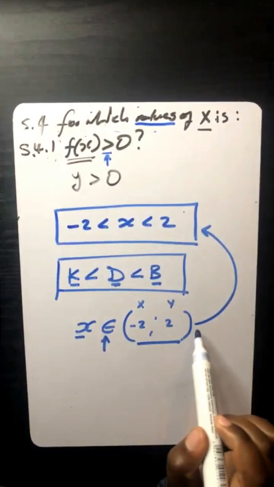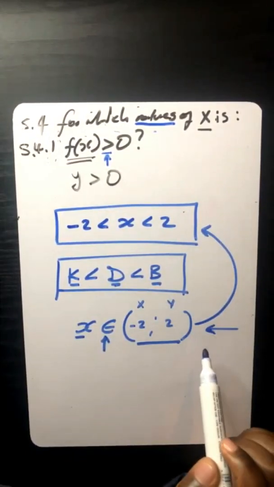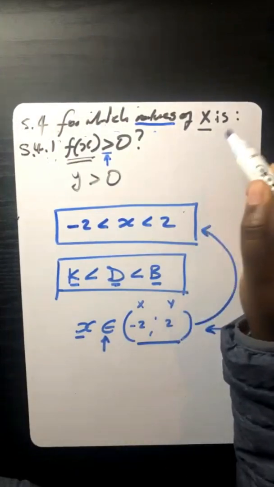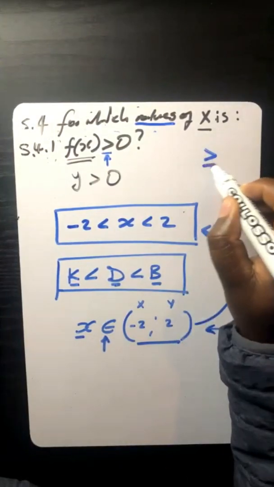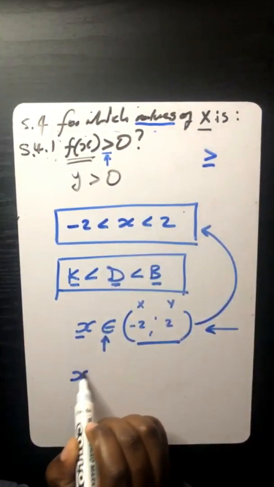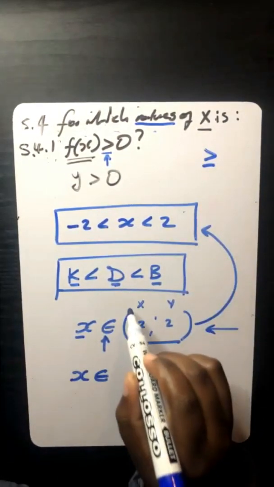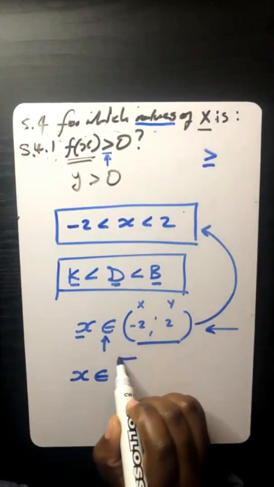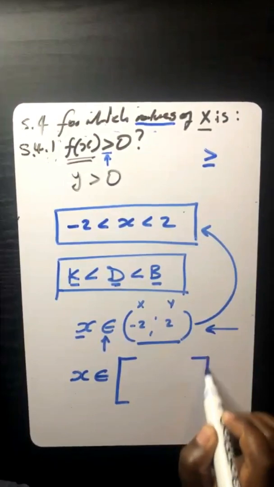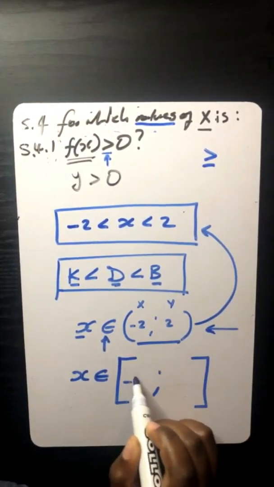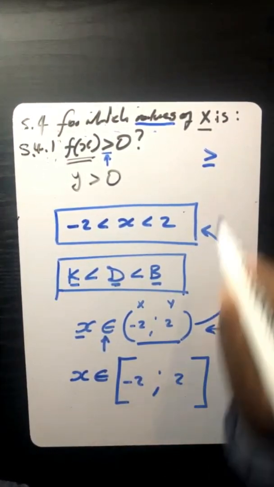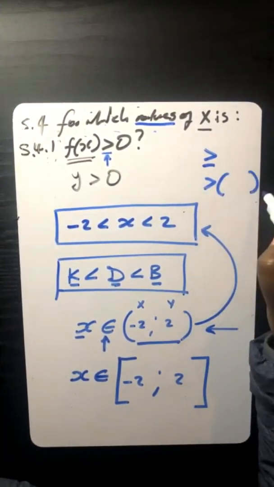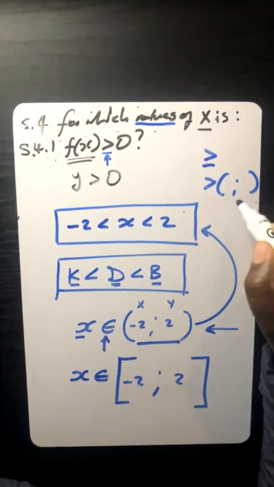So for those of you who write an answer in this format, be careful of something. If maybe on the question it was, just as an example, greater than or is equal to, you say X is the element of, you don't do this type of brackets. If it's greater than or is equal to, you open this type of brackets with the corners. Then you can say -2 and 2. But if it's just greater than, then you just do this type, the curving brackets.